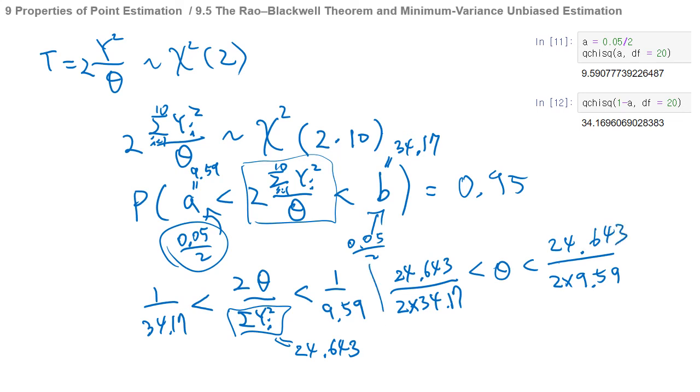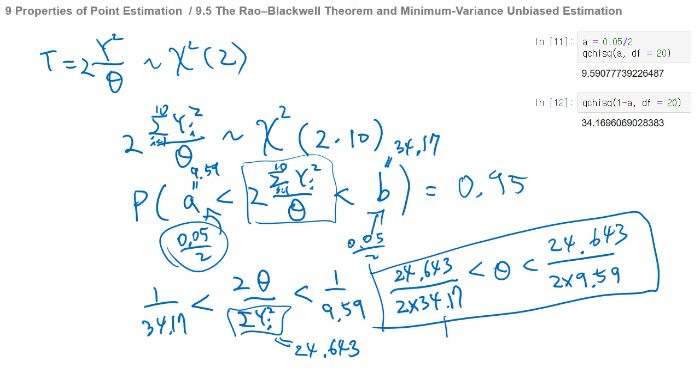If you calculate the first value and second value, you find 1.442 and 5.139. Okay, so this is our confidence interval.